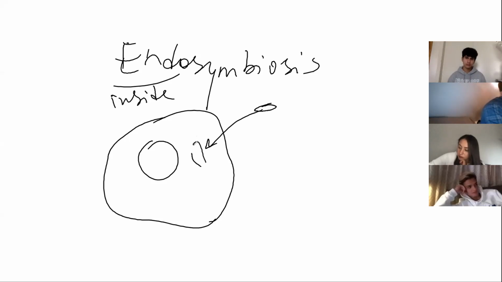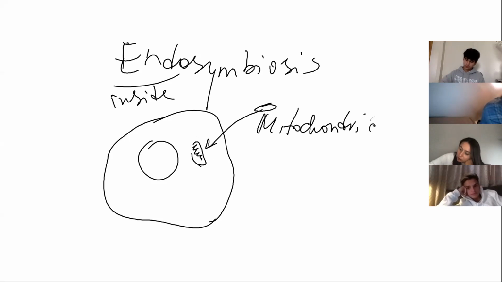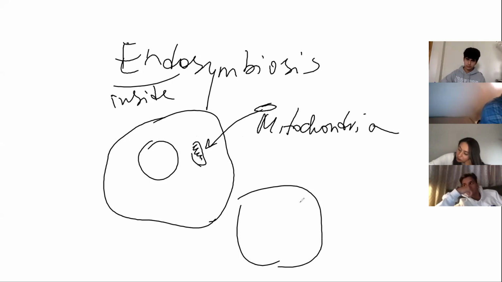This organism stayed inside the cell, became part of the cell, and became a very useful part of the cell because it provided energy. This is mitochondria. For the plant cell, both mitochondria and chloroplasts were incorporated inside.